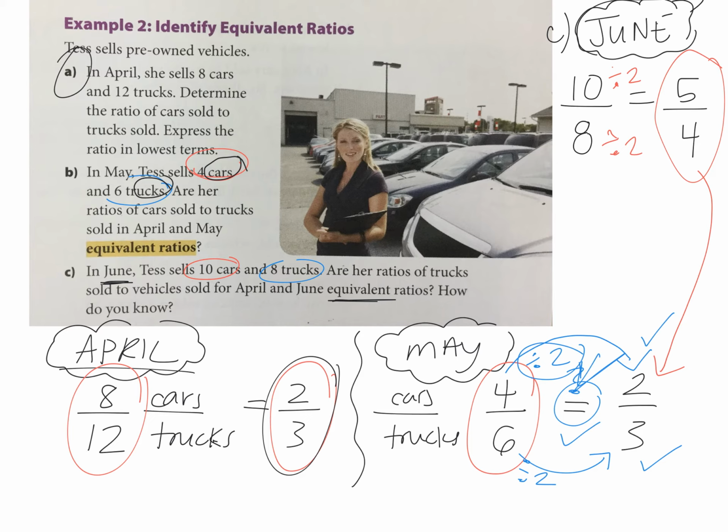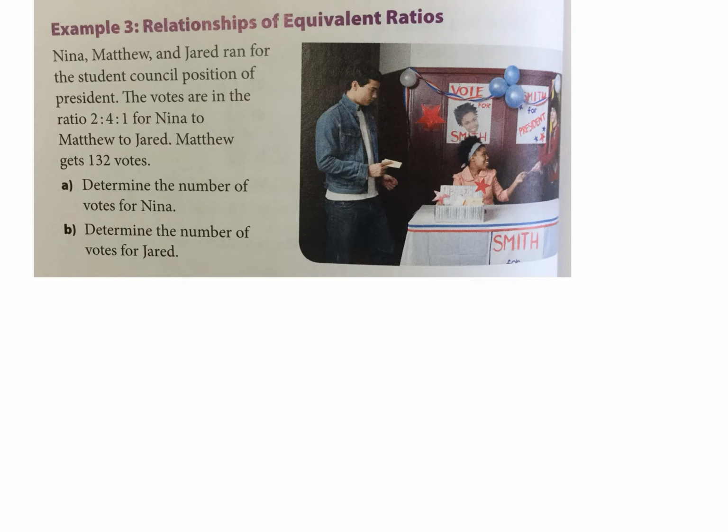No. So are they equivalent? No. You cannot turn 2 over 3 into 10 over 8. 2 over 3 does not equal 10 over 8, okay? Because if I go from 2 to 10, we're multiplying by 5, but 3 times 5 is not 8.